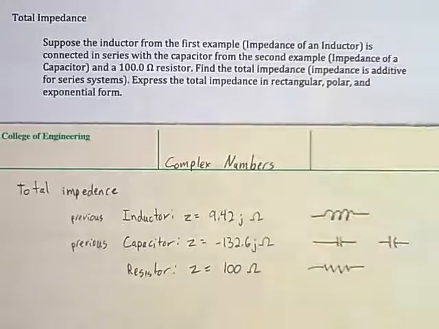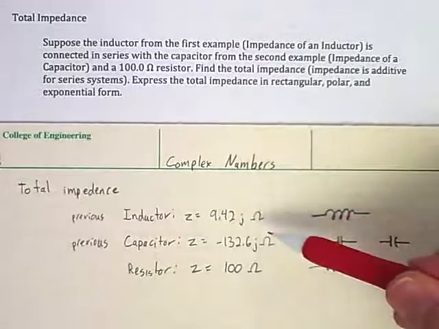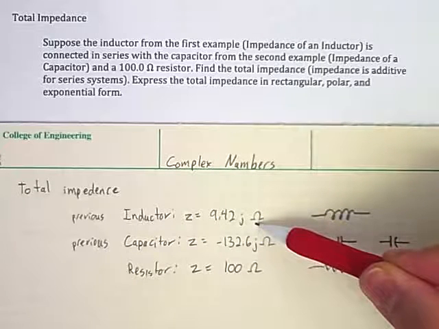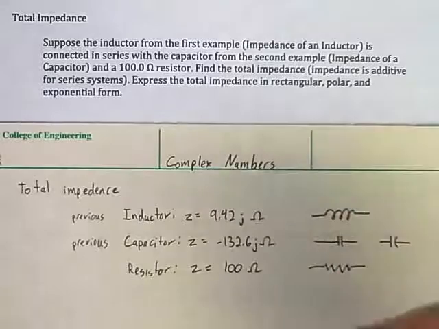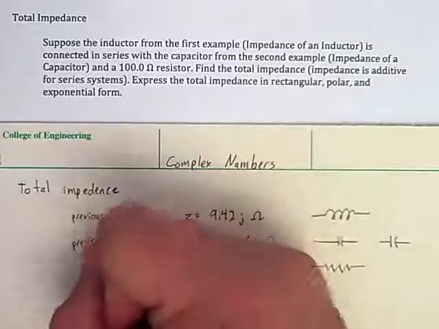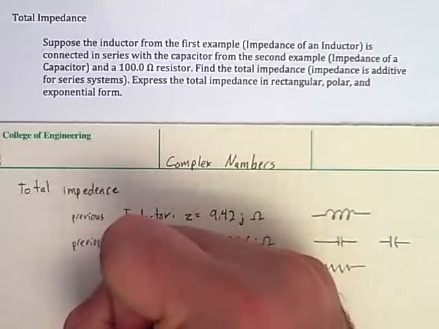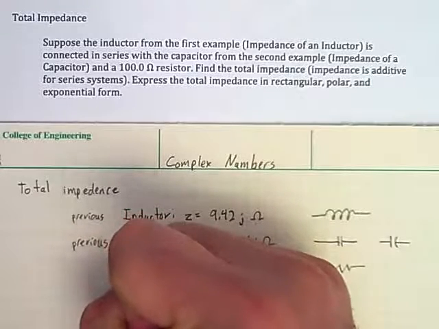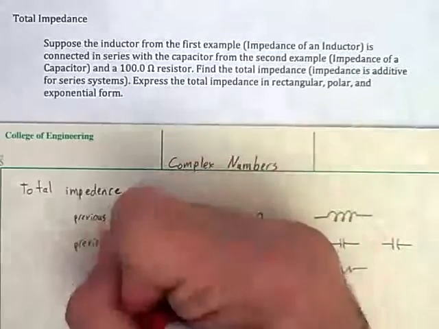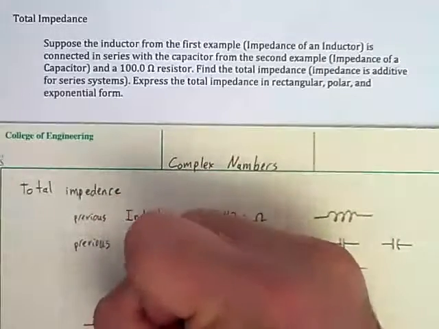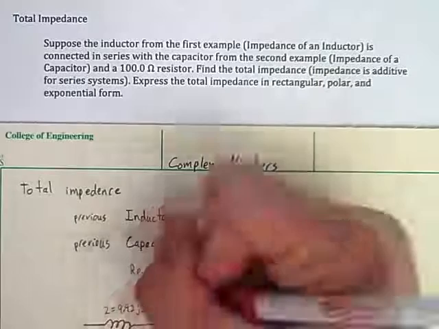So what we have going on, we have our previous inductor, which we calculated out to be 942 J ohms. So we've got these three things together. We've got an inductor, which Z is 9.42 J ohms.